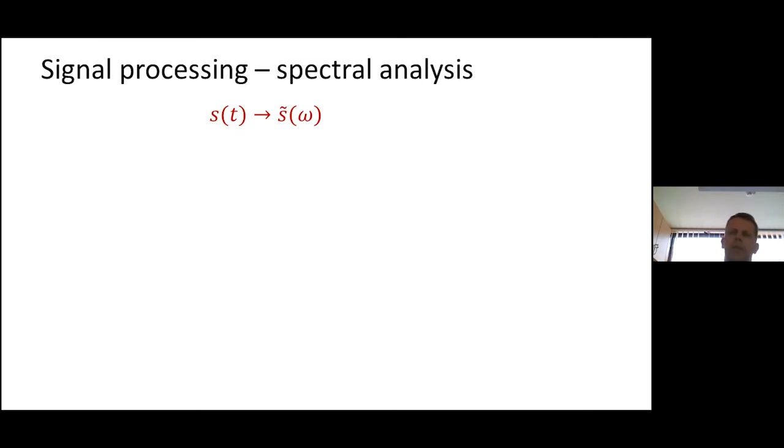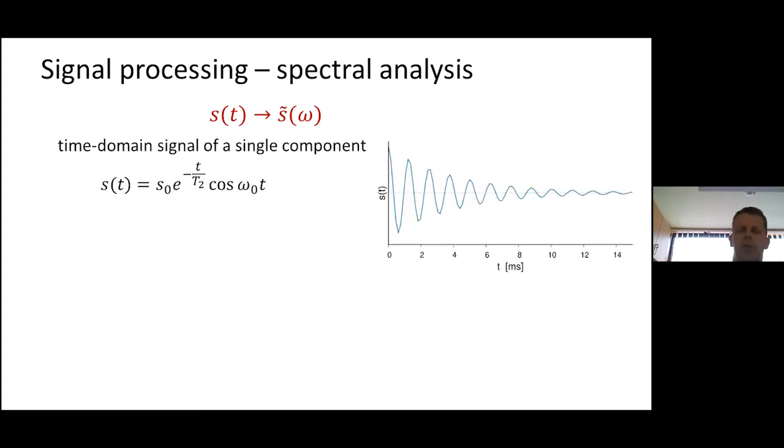Of course, the time dependence of this free induction decay contains information about the frequency contributions to this signal. But to analyze what frequencies are present there, we need to do some kind of spectral analysis, and this is of course conveniently done by Fourier transformation.